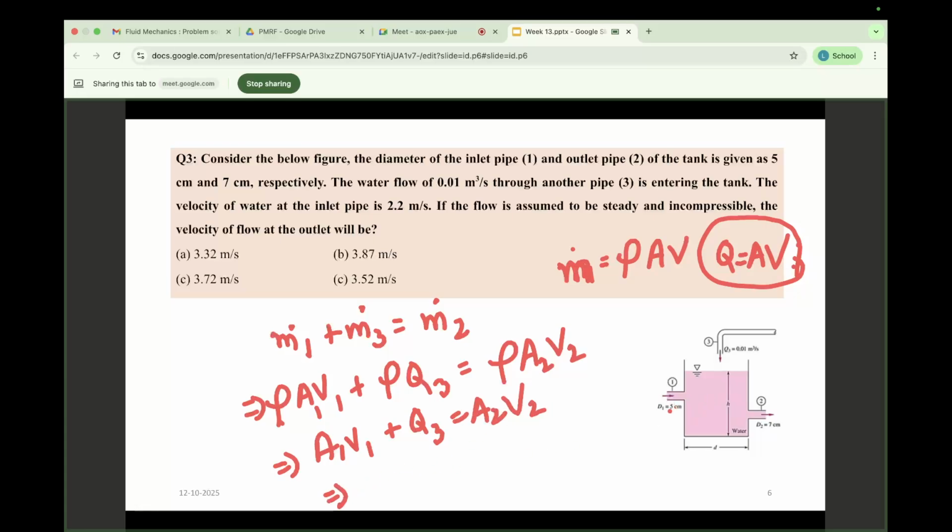So what is A1? Diameter is given, so I can write pi by 4 into diameter 5 centimeter, which I have to convert into meter, 0.05 squared. What is the velocity? Whether the velocity is given here.